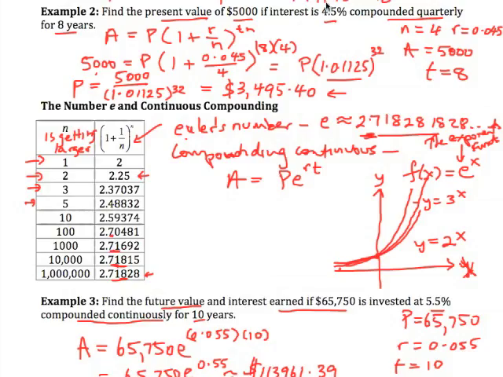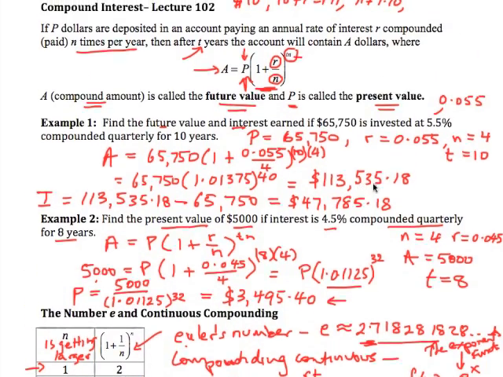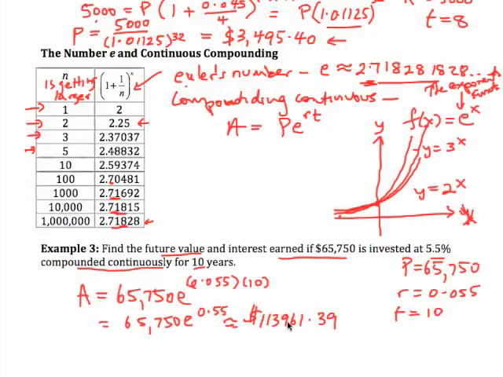Now how does that compare? Notice here we had 535.18, now we've got 961. So obviously compounding continuously makes it grow quicker.